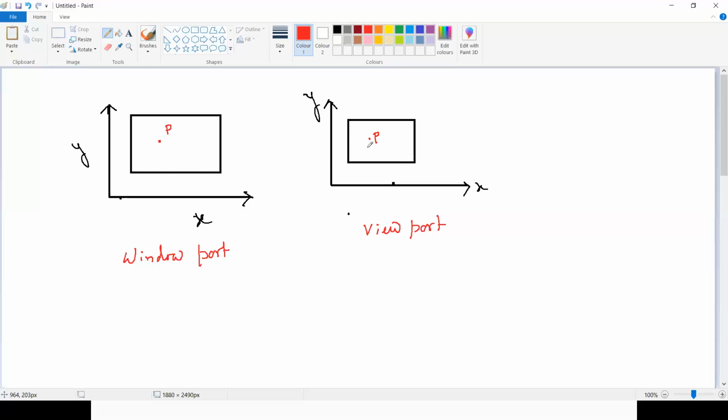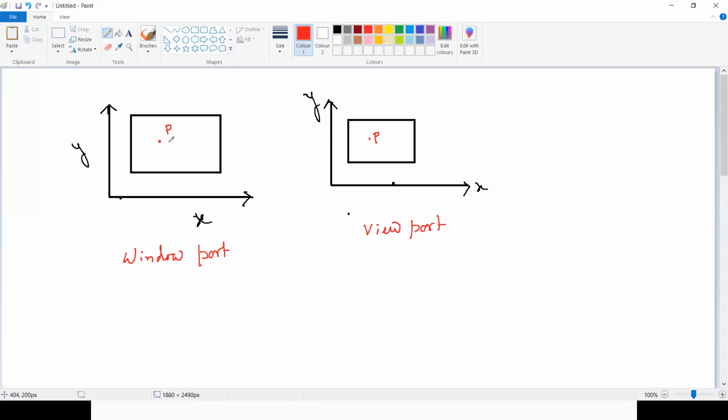It will remain the same. So the displacement of the point P from the horizontal and vertical frame of the viewport will remain the same as the window port. So what we have to do? We have to just scale the image.